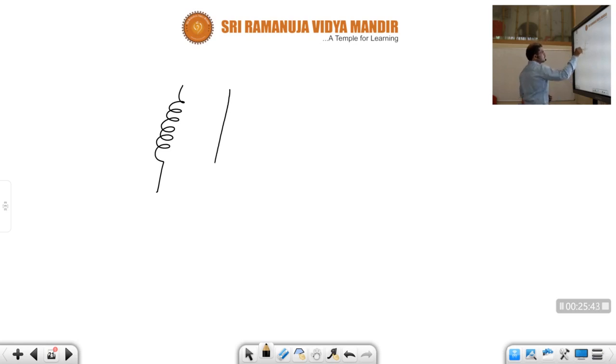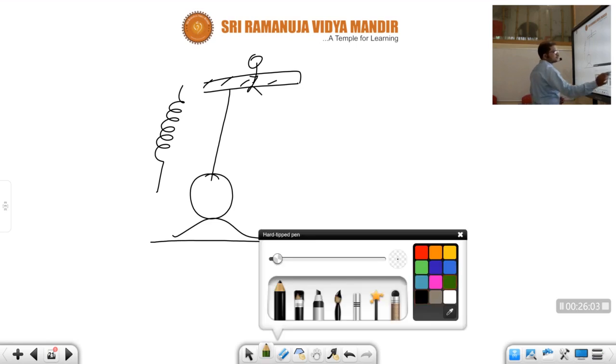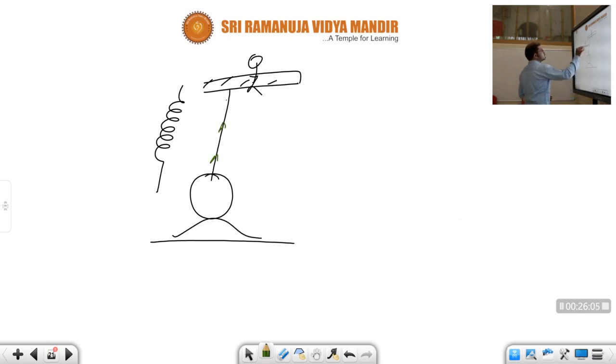Let us consider the wheel, which is in contact with the ground, and this one is the place where you sit. When it goes over a speed breaker, definitely it will give you some impulse, some force. That force will directly reach the seat and that person will fly.